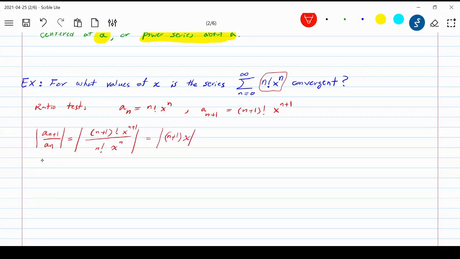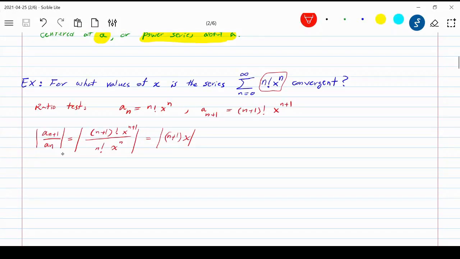Okay, so now ask yourself, when did we know that the ratio test gives us convergence of a series? The series is convergent if the ratio is less than 1.